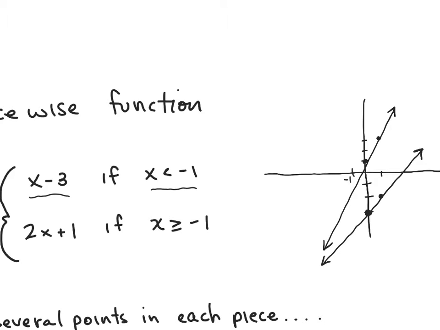So again, what it means is that this graph right here, this is the graph x minus 3. Rather than the whole line appearing like it does now, the only part of this line that should be appearing is the part that has x values less than -1.